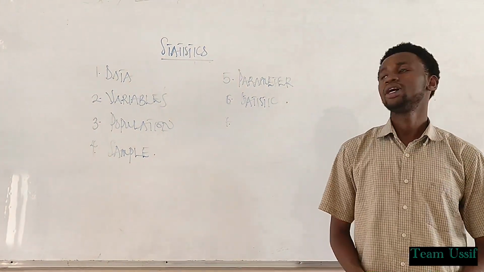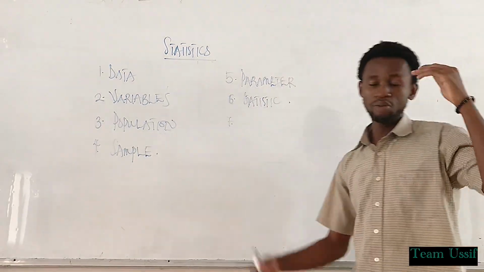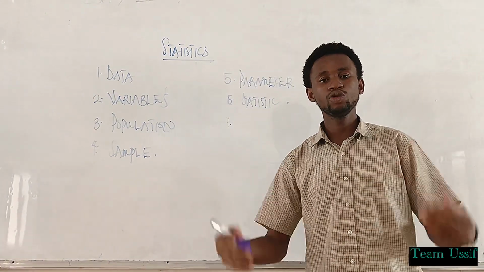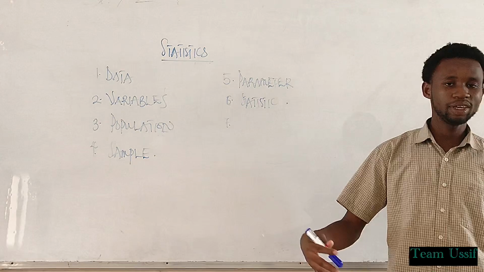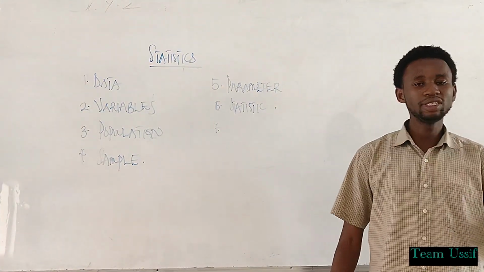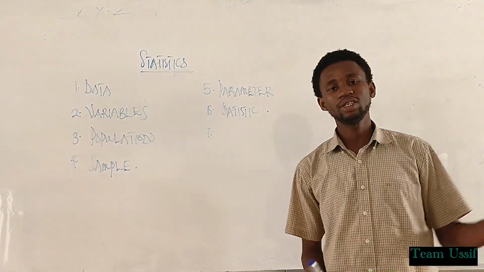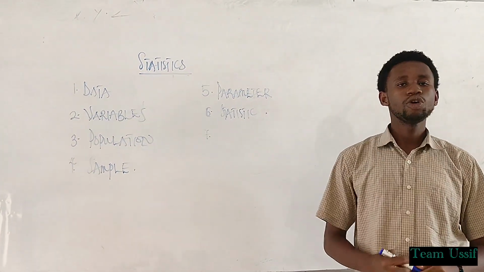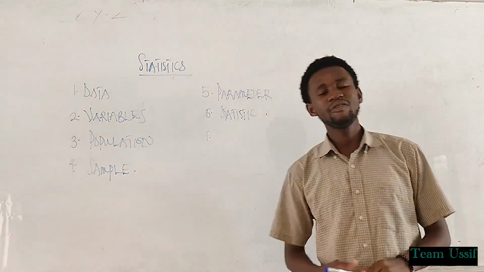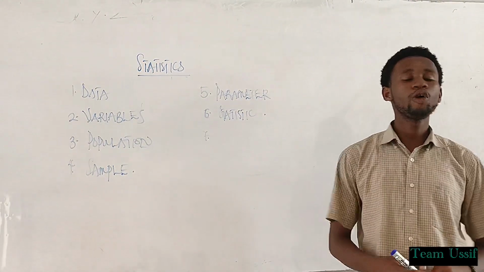You understand? And we have the other one, which is the parameter. From the data that you are going to collect, you have characteristic figures. So the characteristic of the population is the parameter. For example, you are going to do a survey on the average height of all UDS students.